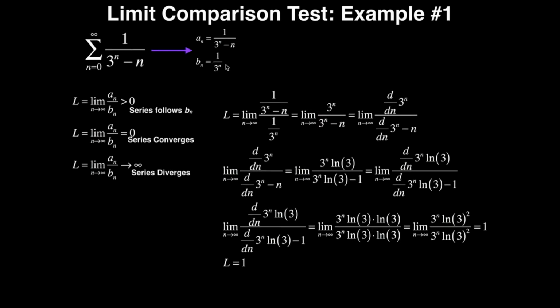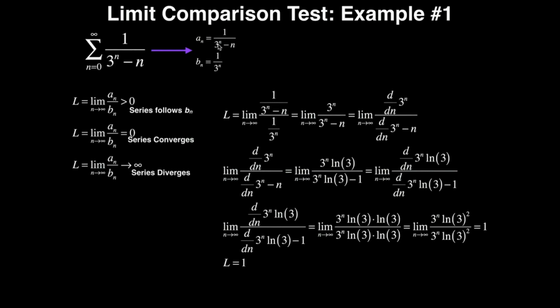And this b sub n is to the limit comparison test exactly what it was in the direct comparison test. You basically pick a b sub n that's very similar to the a sub n, but if you were to write it as a series, it would be very easy to evaluate whether or not it converges or diverges. And generally, the b sub n is either going to be a p-series or a geometric series or something like that, or even a harmonic series.